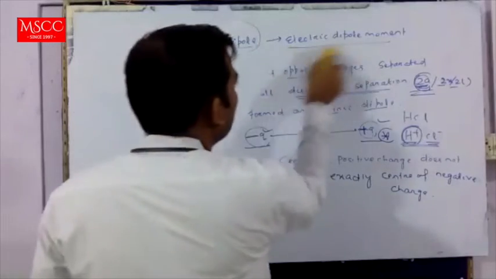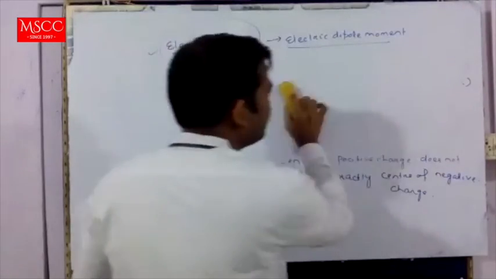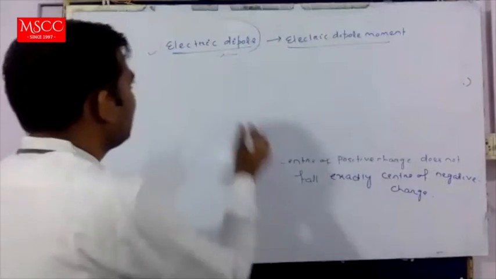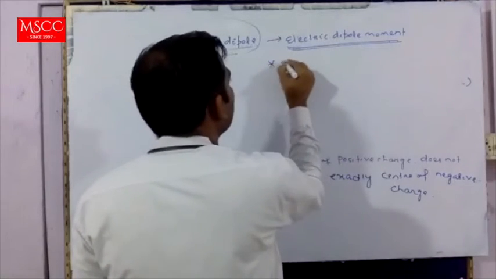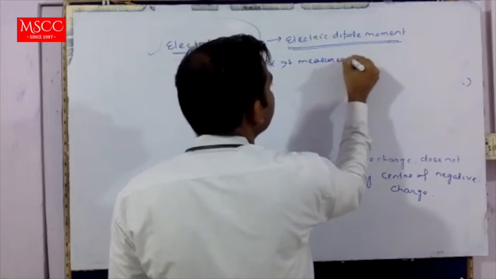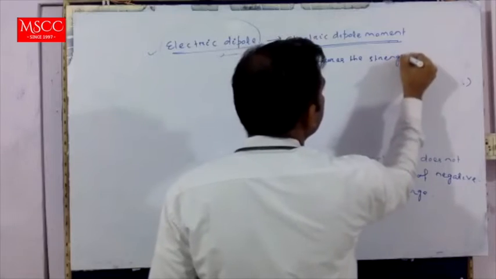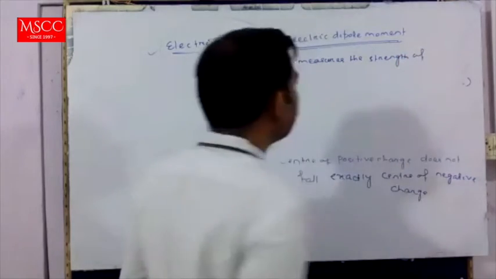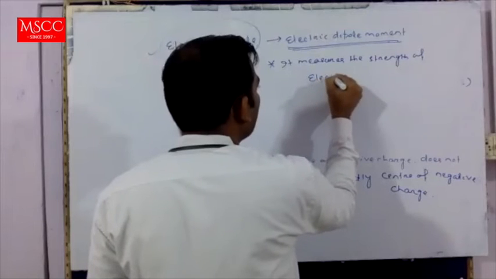Next part, number 2, electric dipole moment. Write down: it measures the strength of the electric dipole.